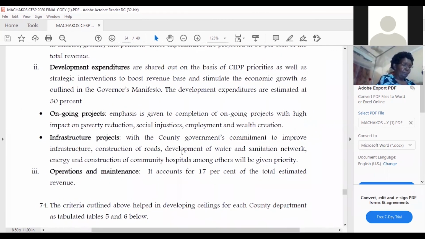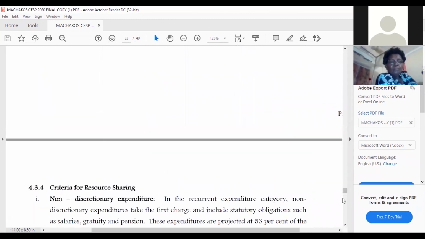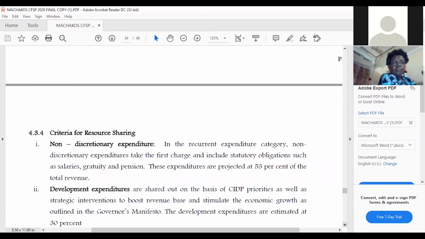So they are saying, with the county government's commitment to improve infrastructure, construction of road, development of water and sanitation network, energy and construction of, among others, will be given priority. And then operation and maintenance accounts for 17% of the total estimated revenue, even of the equipment, even of cars. So now you can see how a county utilizes even that money.